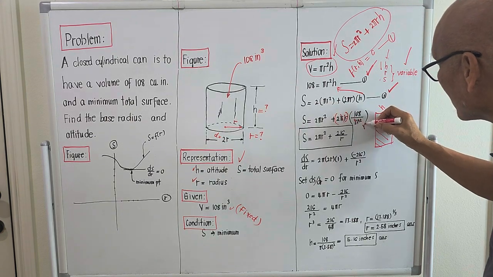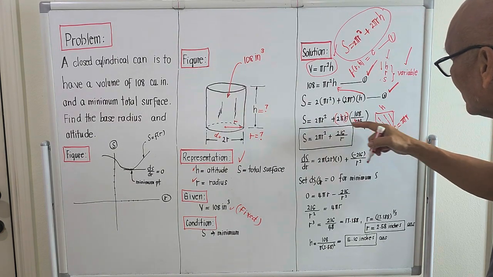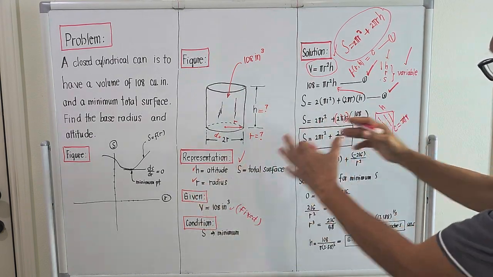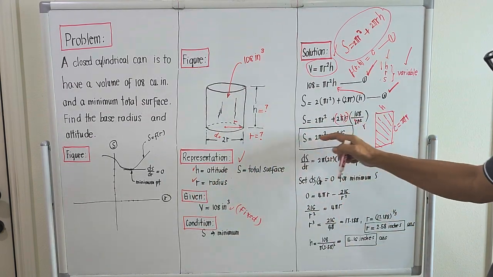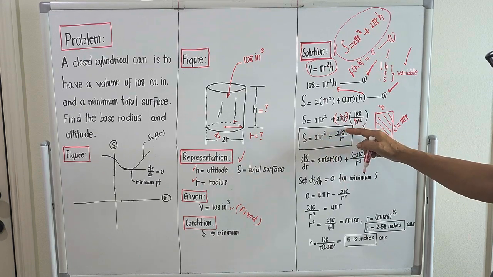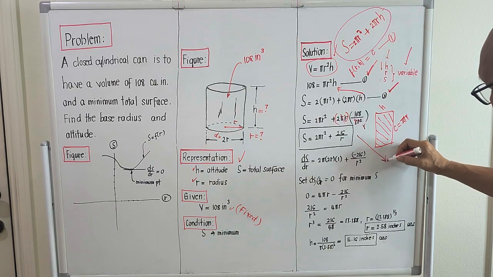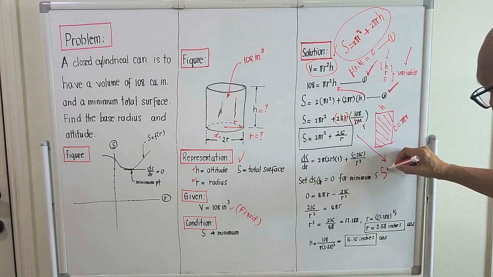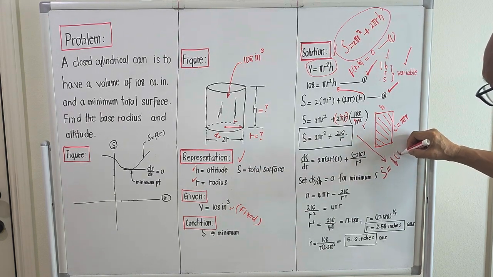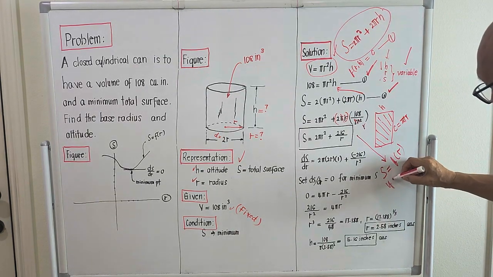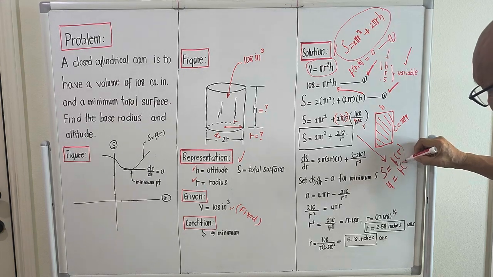What remains is 1 r at the bottom, and 2 times 108 is 216. So after the cancellation, s will be 2 pi r square plus 216 over r. So we are now given an equation involving s as a function of r. It seems this is y and this is a function of x.